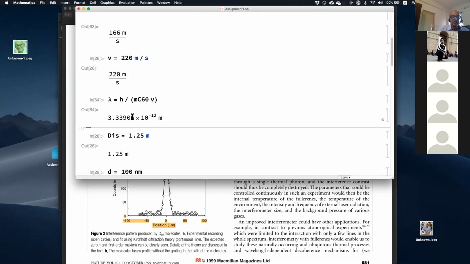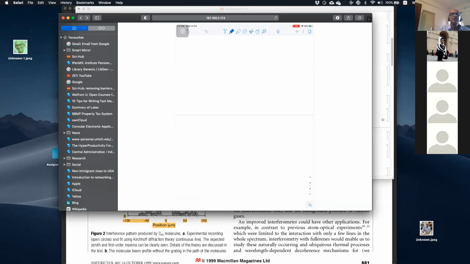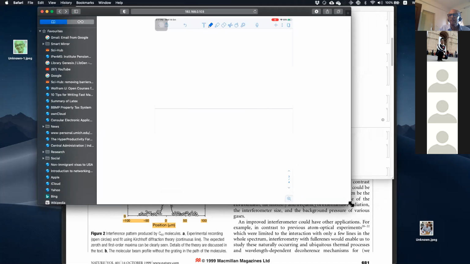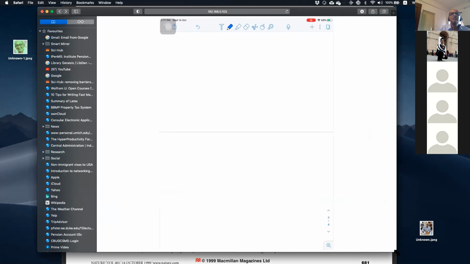Now comes a little bit of theory, and for that I will have to write. You can see the screen, white screen. So what I want to do is calculate the experimentally observed wavelength.